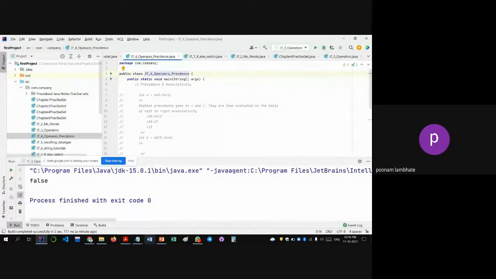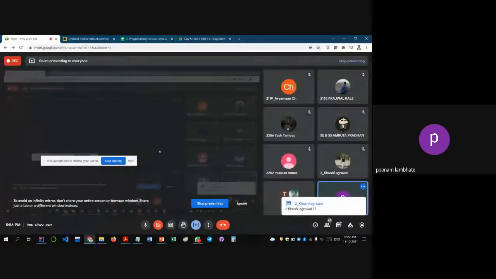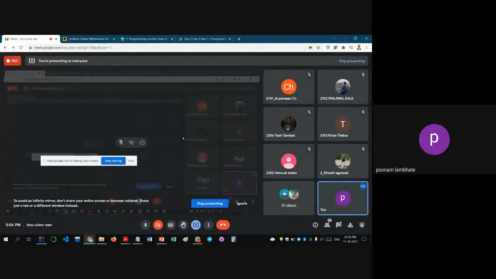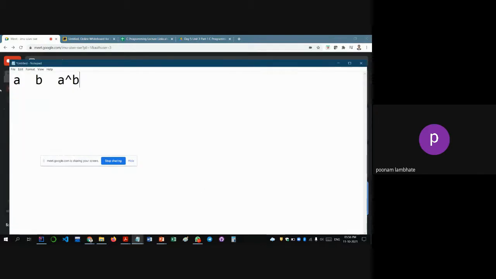Now operator precedence and associativity rules are needed because suppose you have a combination of operators. For example, in mathematics, we follow a famous rule. What is that rule? BODMAS. For example, A plus B into C divided by 2.